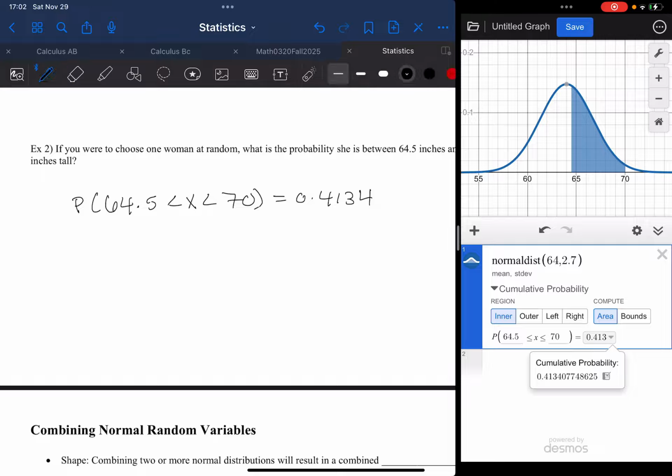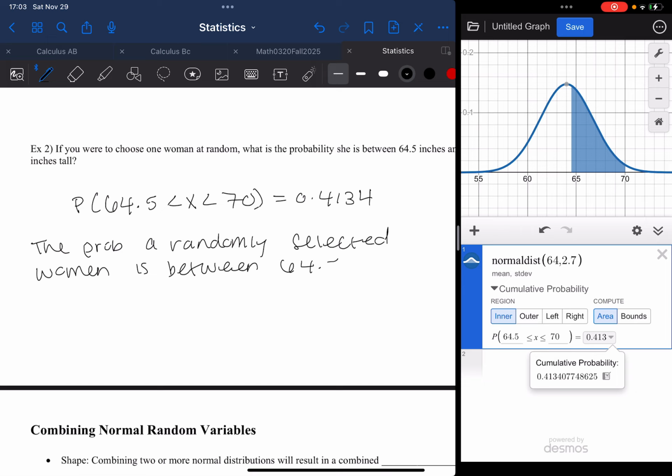Which means I have the sentence that the probability a randomly selected woman is between 64.5 and 70 inches tall is about 41.3%.